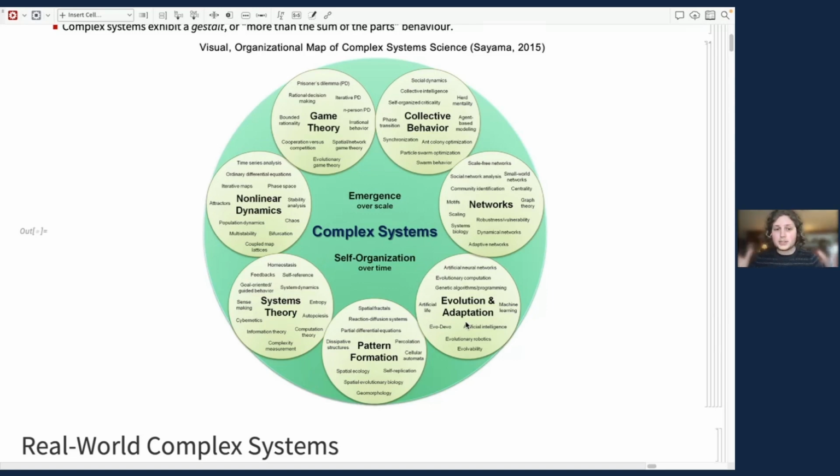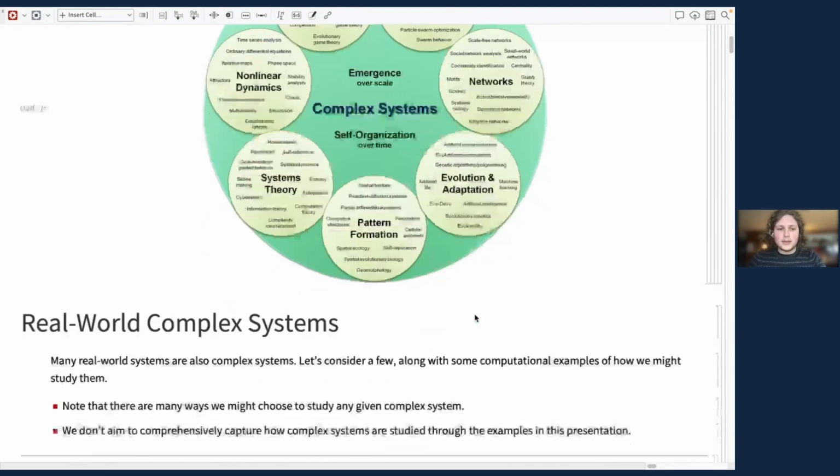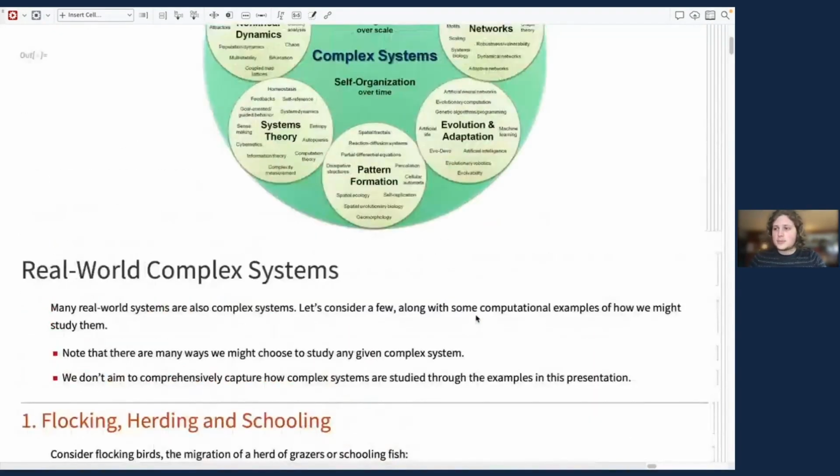There are various pretty large subfields like pattern formation, evolution and adaptation, systems theory, a lot of scaling theory, and networks. This is a rapidly emerging and maturing field, which is very fun. I would say it's fundamentally interdisciplinary in some ways. And many real-world systems happen to be complex systems.